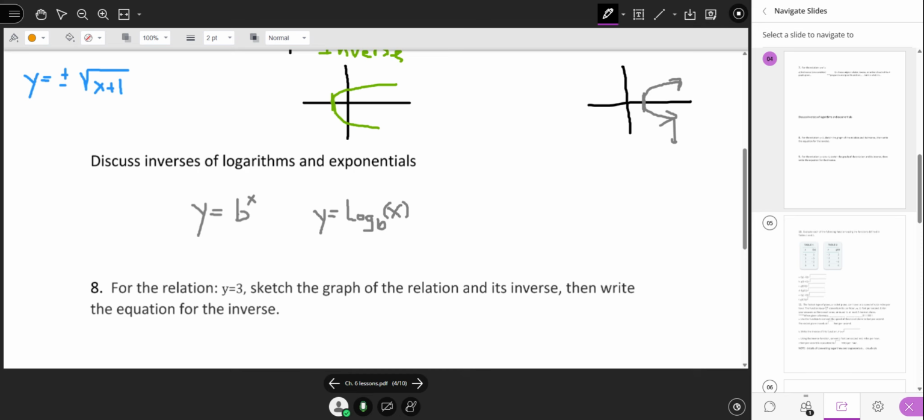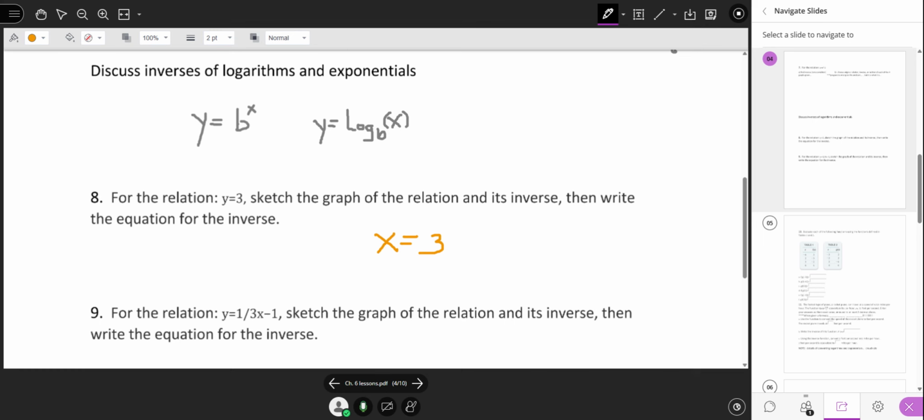For the relation y equals a number, sketch the graph of the relation and its inverse. Well, the inverse of y equals a number is x equals that number. Then it says to graph both of them. So 1, 2, 3, 1, 2, 3.